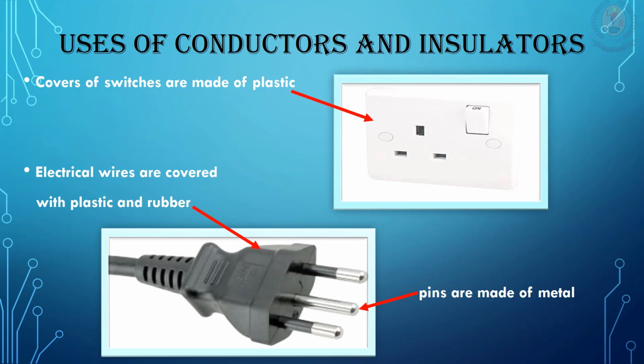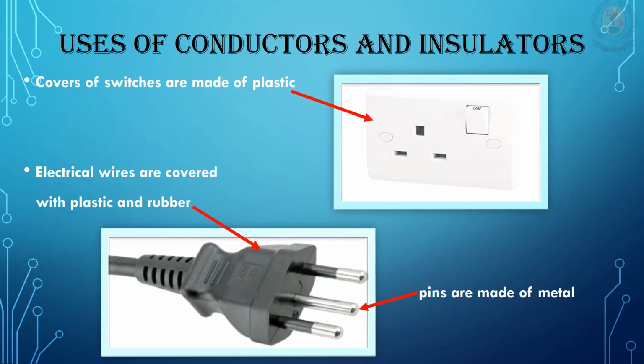We know a circuit can only work if all its components can conduct electricity. Therefore, all the electrical appliances have conductors to flow the current. Electrical insulators can be used to protect electric circuits from damage.